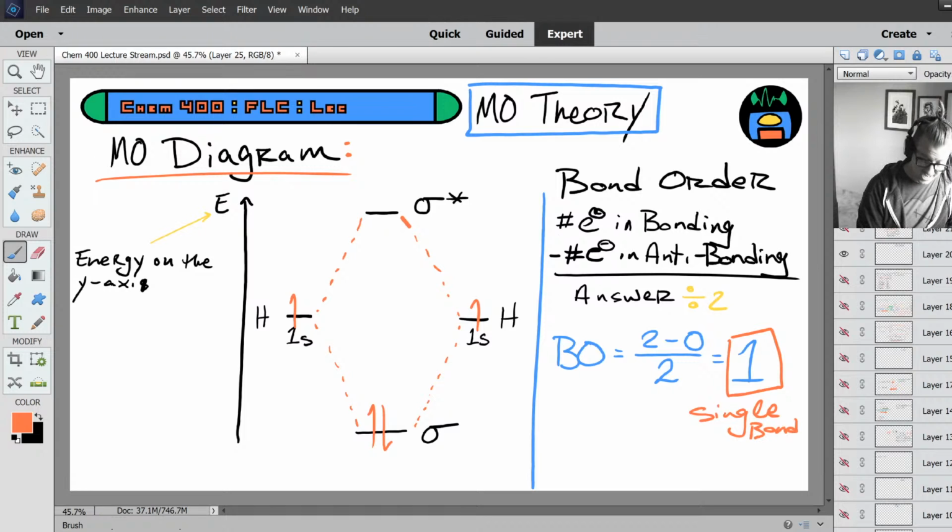All right, and if you look at the Lewis structure for hydrogen, it does have a bond order of 1. And if you're suspecting, wait a minute, is a bond order of 2 a double bond and a bond order of 3 a triple bond? The answer is yes. So bond order is something that you kind of already know, but it's a part of molecular orbital theory, and you calculate it by taking the difference between the bonding orbitals and the antibonding orbitals in your molecular orbital diagram.